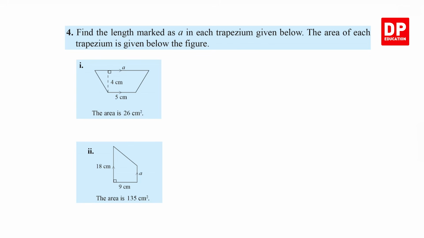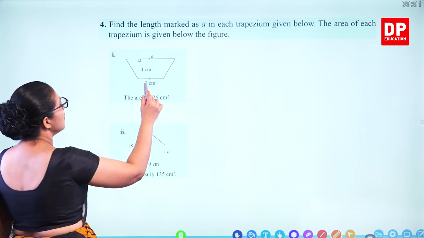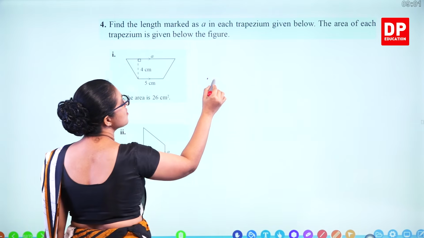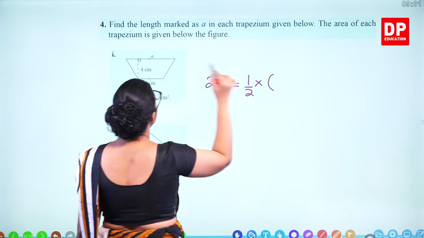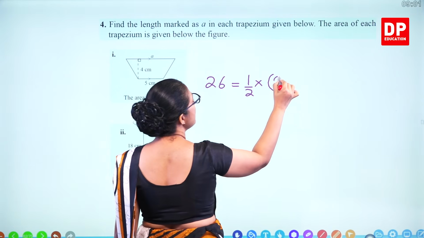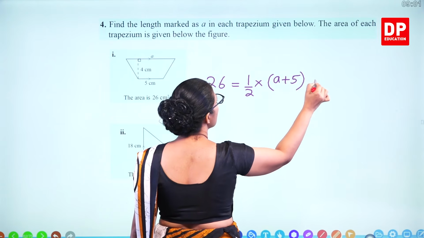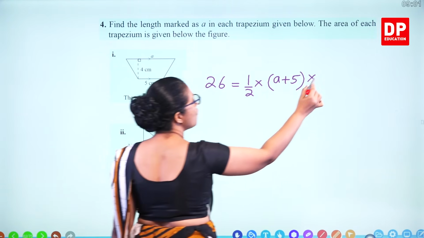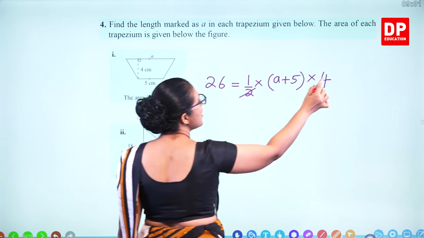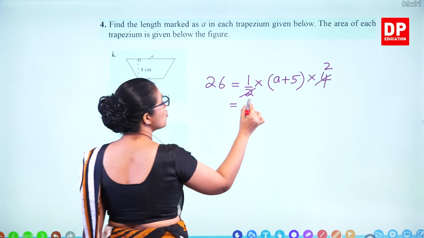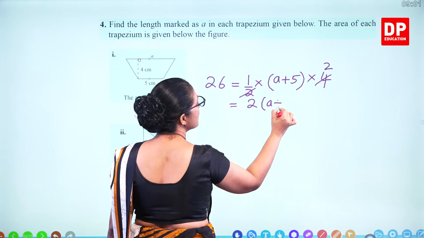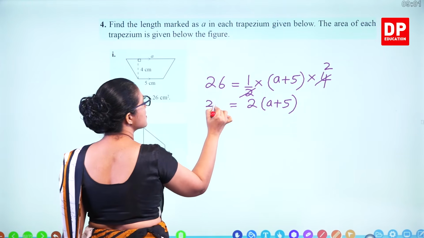Find the length marked A in each trapezium given below. The area of each trapezium is given below the figure. So here area is 26. So I can write 26 is equal to half the two parallel lengths A and 5, into the perpendicular height, which is 4. 2 times 2, so you get 2 times A plus 5 is equal to 26.